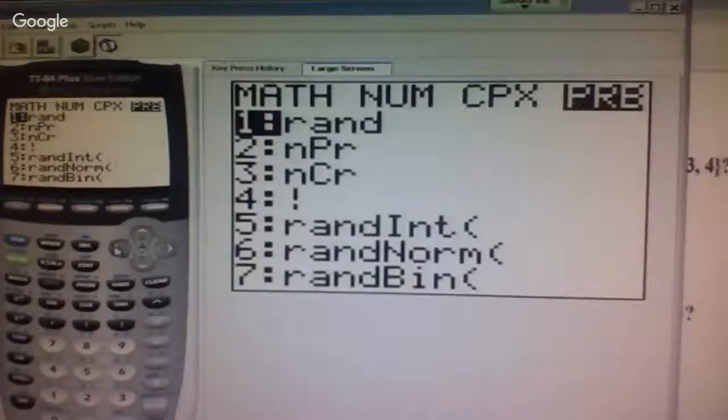Again, if you scroll over to probability, choice number 2 is your permutation button. Choice number 3 is your combination button. And choice 4 is your factorial button. Why haven't they taught us this? Seriously. You like to teach us the long way. You need to know where it comes from.